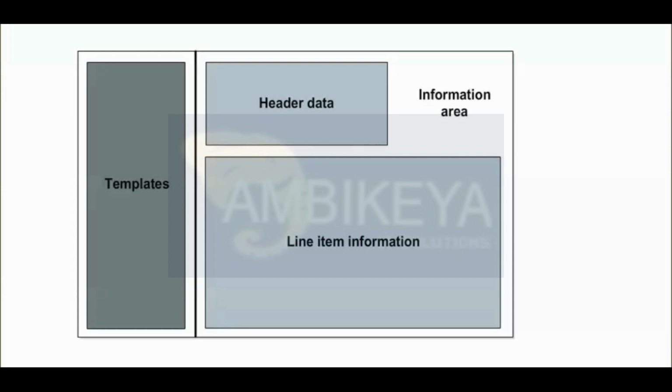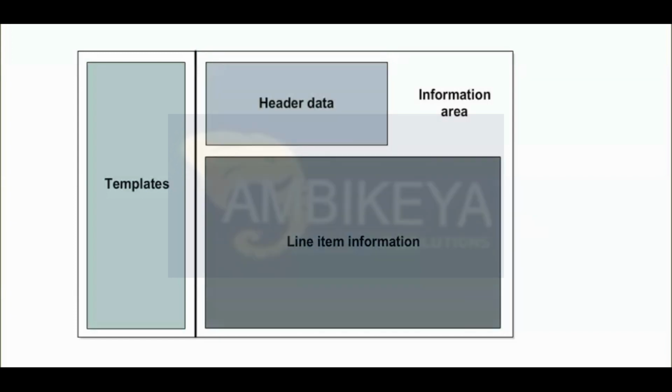To return to the original line layout of the GL document entry table, right-click the screen and choose Reset Screen Variant. Header data. Header data applies to the whole document, such as posting date and document type. Some of the header data can be in display format only or hidden from the user via editing options. Line item information.